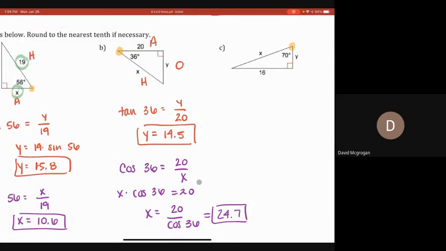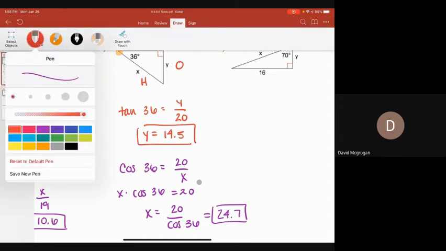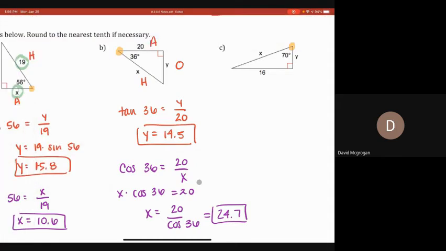Ashley, what was my opposite, my adjacent, and my hypotenuse in part C? Yep, opposite is 16, adjacent is y, hypotenuse is x. Matt, tell me one of the equations you set up for this problem. Yep, sine of 70 equals 16 over x.